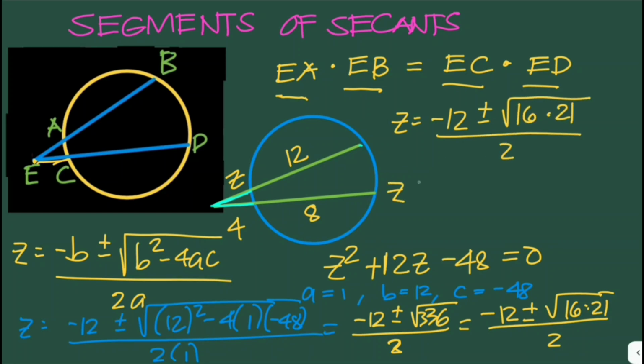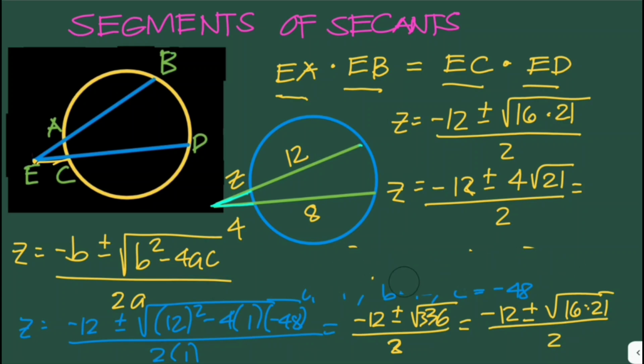The square root of 16 is 4. So that is 4 square root of 21 over 2. And then we can reduce 12, 4, and 2 by dividing them by 2. So that is 12 divided by 2, 4 divided by 2.